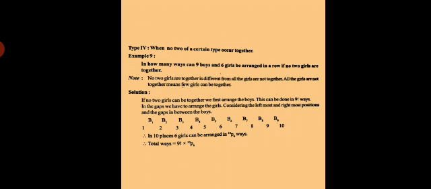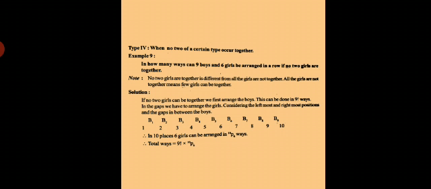Fine. Now the solution. If no two girls can be together, we first arrange the boys. This can be done in 9 factorial ways, since there are 9 boys. First arrange all the boys from boy 1 to boy 9 in a row.